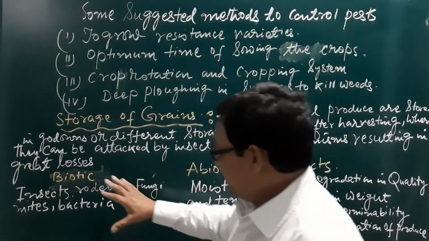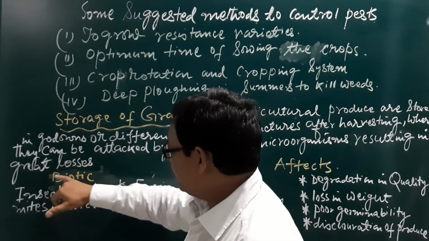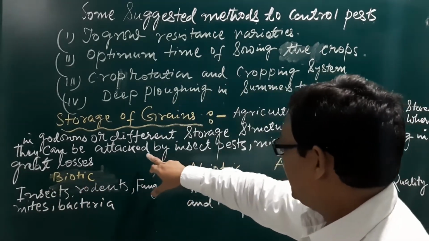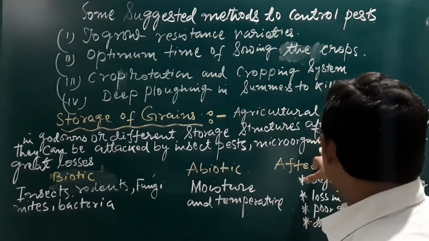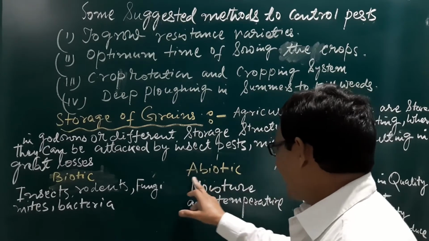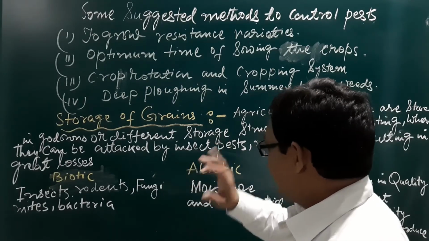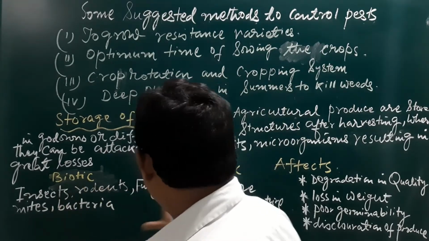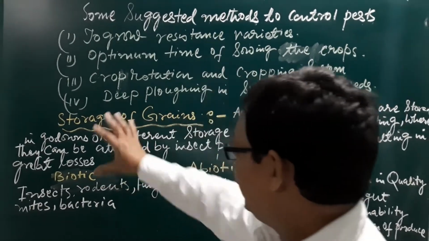This can also be divided into two parts. If we are not only talking about insect pests and microorganisms, but also considering some abiotic factors, then there are two different aspects in this regard.